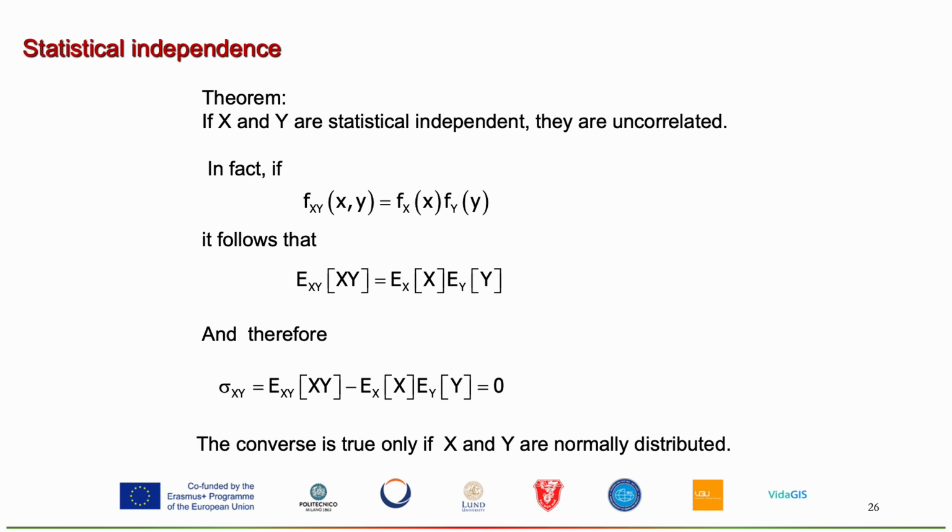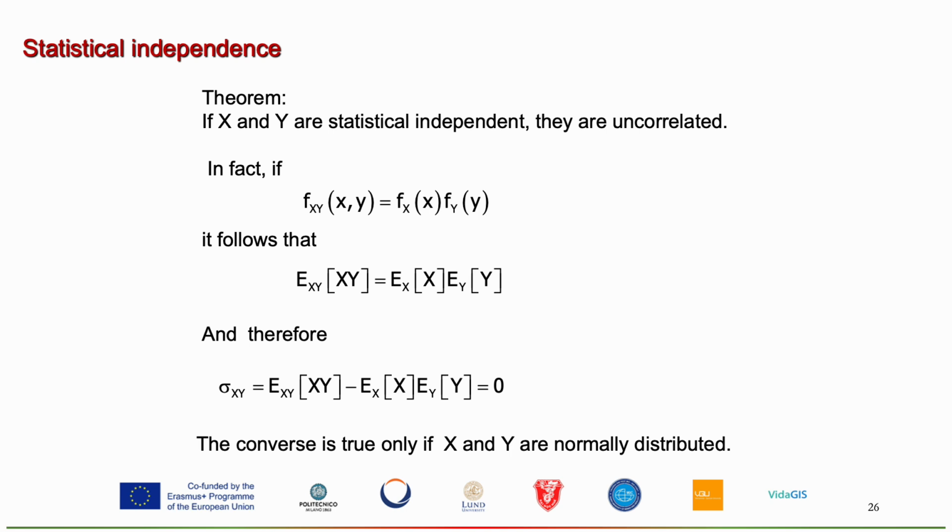Okay, let's see what happens about statistical independence. There is a fundamental theorem that states that if x and y are statistically independent, they are uncorrelated. In fact, what does it mean that they are statistically independent?